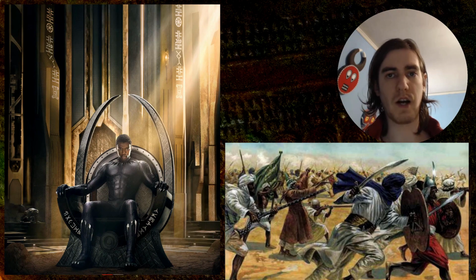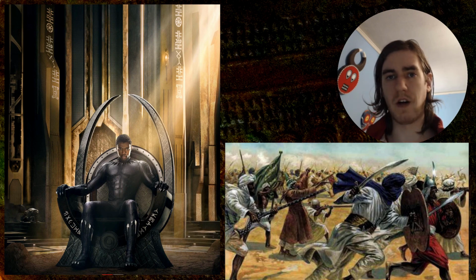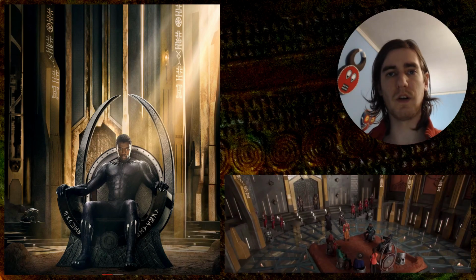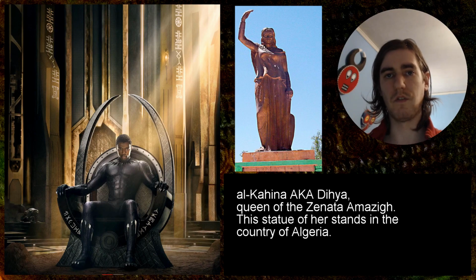As for why the Arabs called the Amazigh Berbers, or barbarians, is because the Amazigh fought very hard to defend against the Arab invasion. And it's worth noting, one of the major leaders of this resistance was a Zenata Berber queen, known to the Arab historians as Al-Kahina.